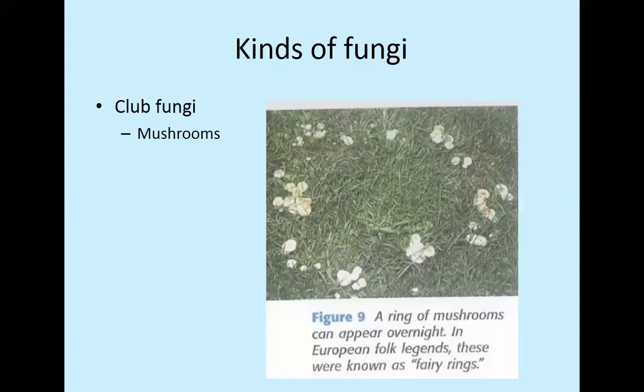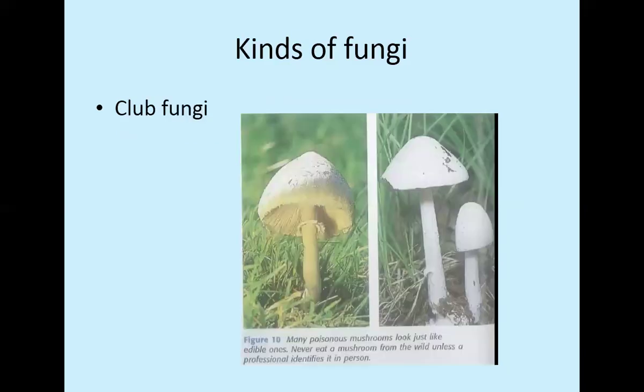The next type of fungi are called club fungi. Mushrooms are an example of club fungi. You can see in this picture these different types of mushrooms. Most of the mushrooms are poisonous. Only a few types of mushrooms are edible.